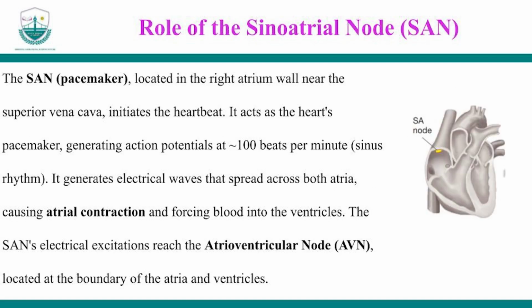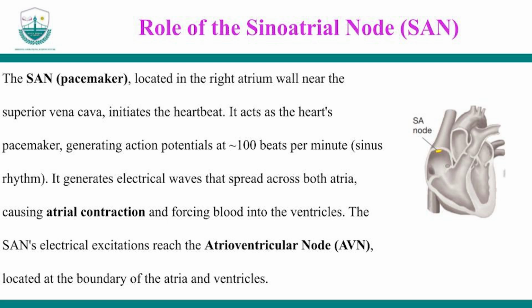So yes, we are saying that the cardiac muscle initiates the contractions, but what part is responsible for that? That part is what we call the sinoatrial node, abbreviated as SAN. So that part is what we are having here.